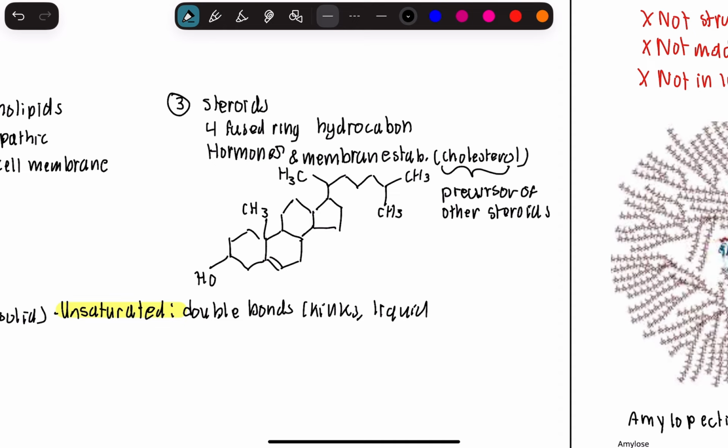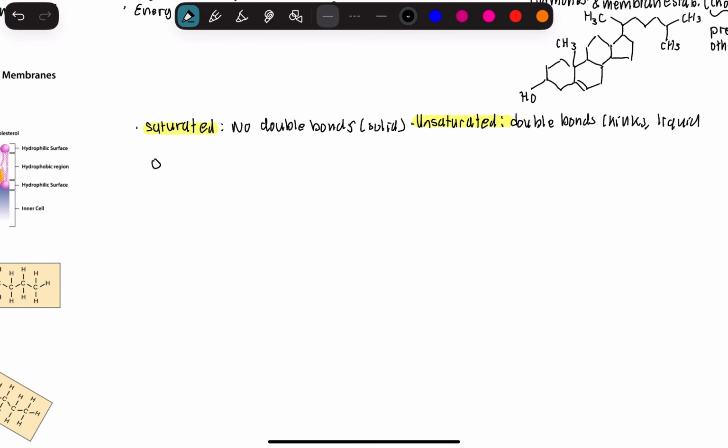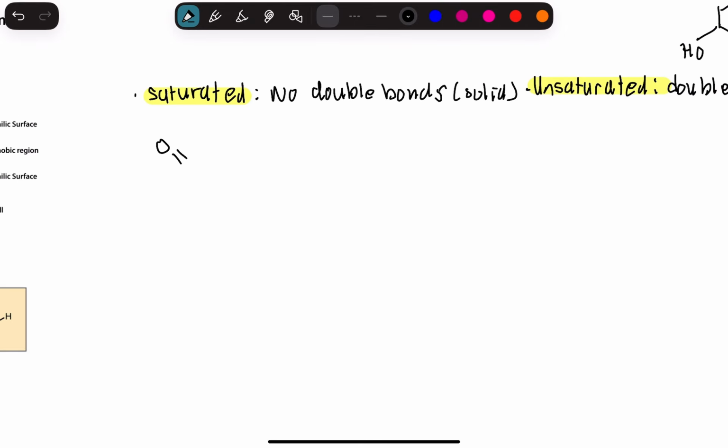What's really important is that we draw out an example of a saturated versus unsaturated. For saturated, you can imagine that you have something like this, a really long molecule. OC1OH.